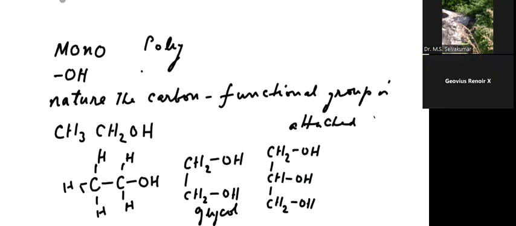This carbon is attached to 1 OH, 1 hydrogen, and above a carbon and below a carbon. This carbon is attached to 2 hydrogens, 1 OH, and 1 carbon. Therefore, the valencies are completely filled. There is no violation in the number of valencies. This is called glycerol. Commercially, this is called glycerin.